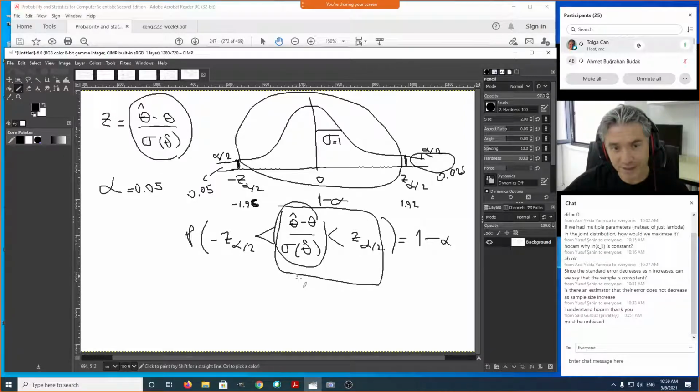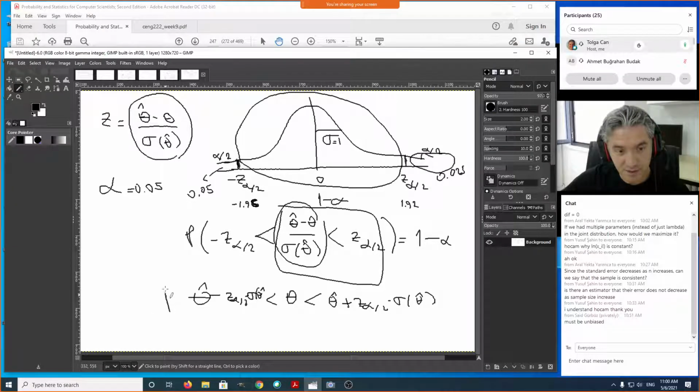Considering these two equations, one way to do that is: theta hat minus z alpha over 2 times the standard error of theta hat, and theta hat plus z alpha over 2 times the standard error of theta hat. This probability is also going to be 1 minus alpha.